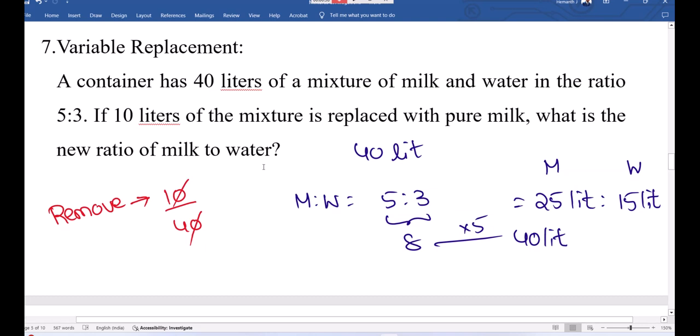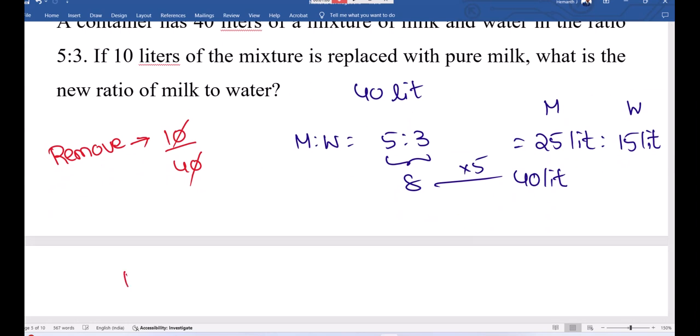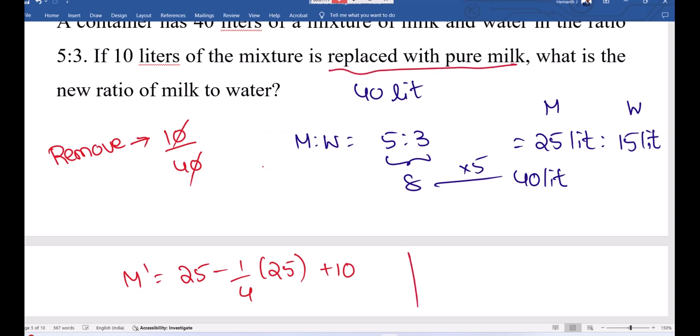Now, what is the milk available, sir? Milk available is 25 minus 1 by 4th of 25 plus 10. What is that plus 10? Replaced with pure milk. What about water? 15 minus 15 by 4.